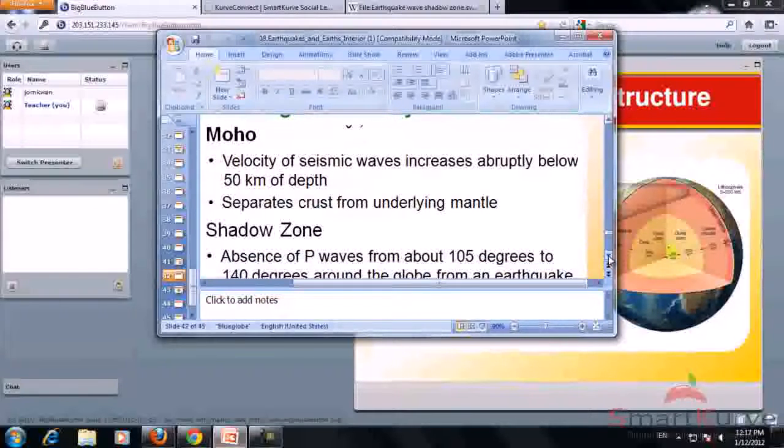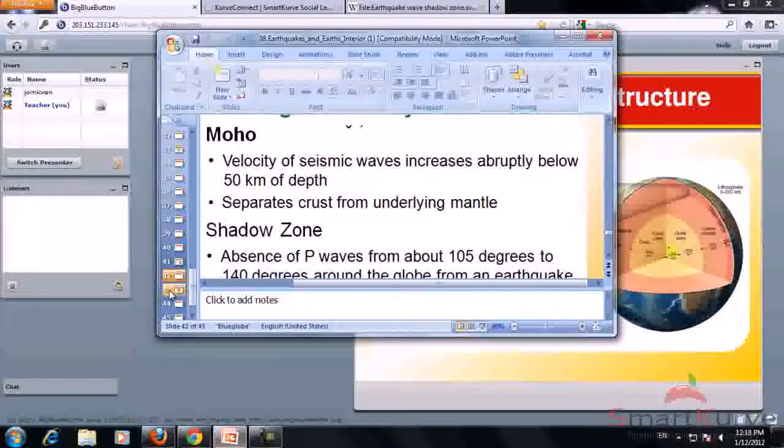The next thing I want to talk about, on slide 42, look down at the bottom of the slide, this shadow zone. This is part of the theory, part of the evidence that we have for this theory about how the Earth is made up inside.